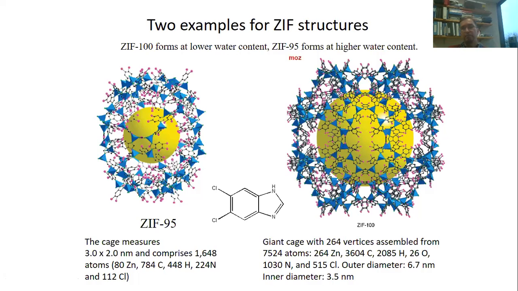The crystallography of these ZIF structures is highly non-trivial, just because you have to localize so many different atoms within the unit cell. We've previously talked about crystallography, how we can find the atoms within a unit cell.